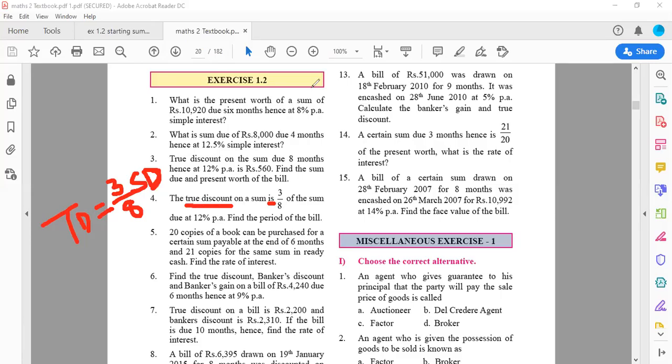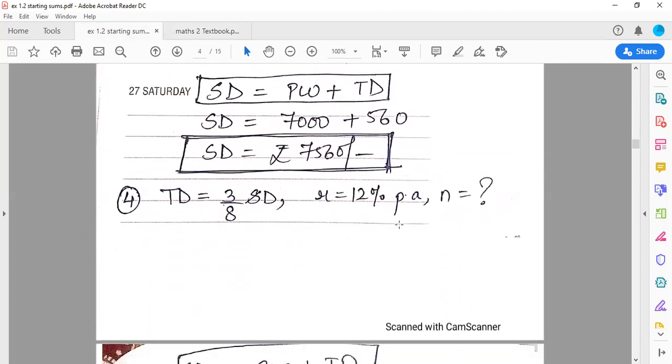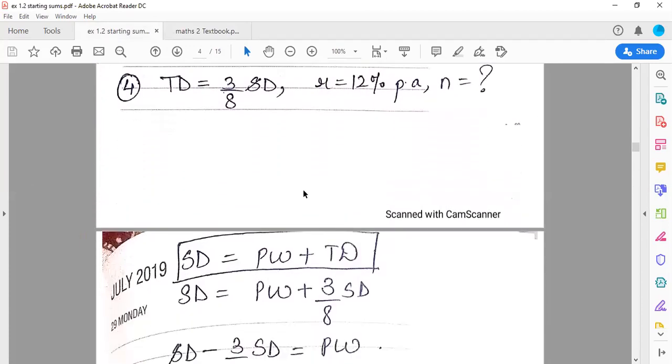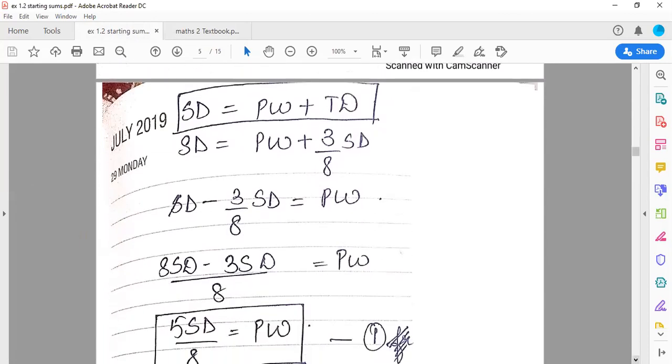Rate of interest is given to you. You have to find the period of the bill. That means you have to find the value of N. So with this logic, I'm showing you all the fourth sum. Pay attention. So as you all saw, TD is 3/8 SD. Did you understand how this part came? R 12%, N question mark. So now what I'm doing is, I'll use the SD formula.